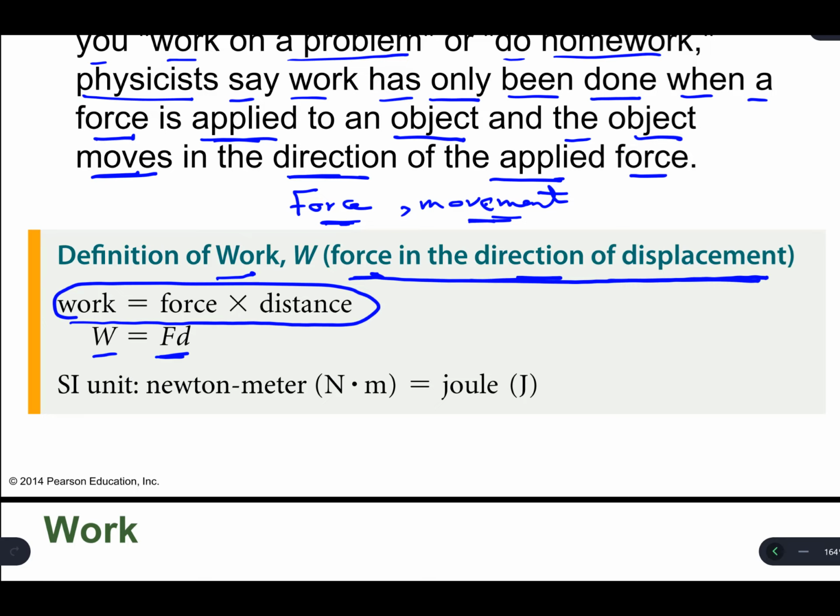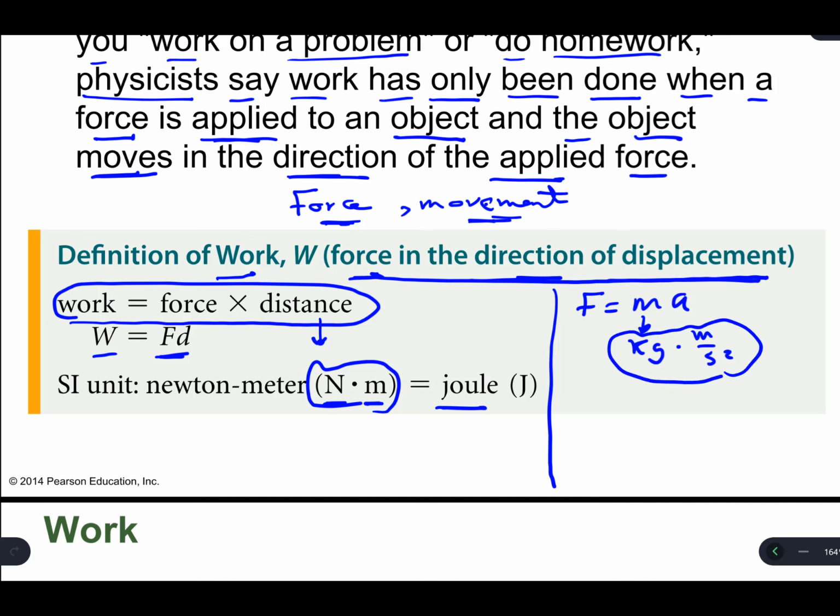W = F D. You know that force is measured in Newton and the distance is measured in meter. Newton meter, we call it joule. Let's do something. You know that force equals m a, with m in kilogram and acceleration in meter per second square, that is what we call Newton. But W equals F D, force times displacement.